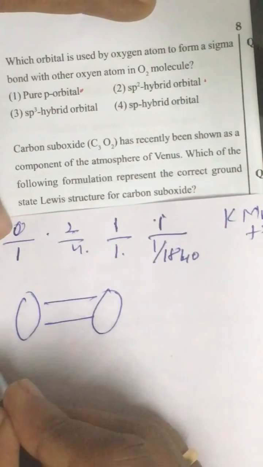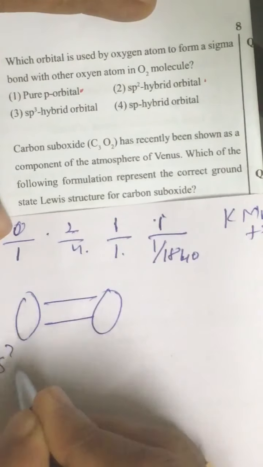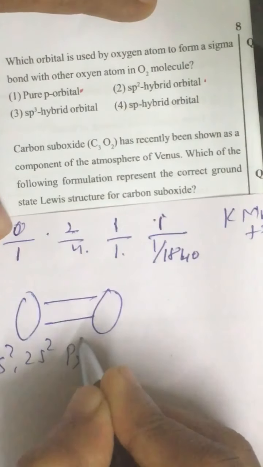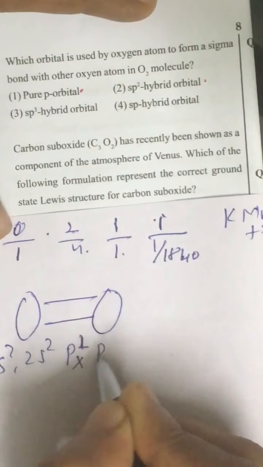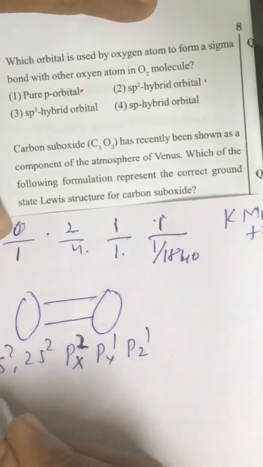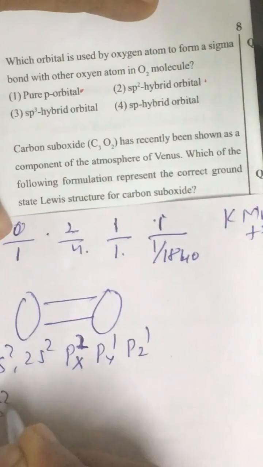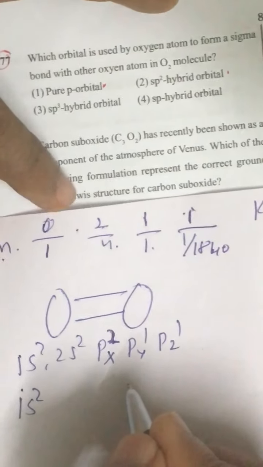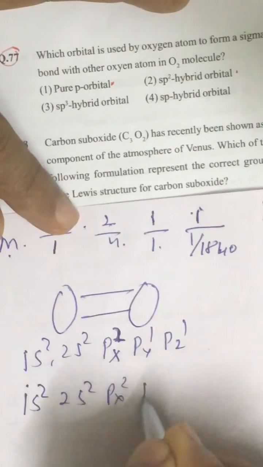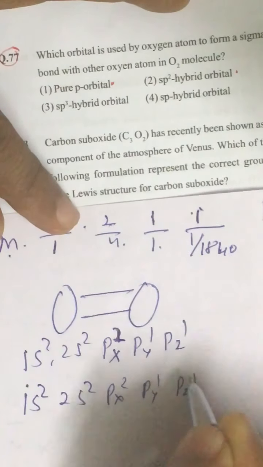Alright, the configuration of oxygen is 1s2, 2s2, 2p4, which can be written as px2, py1 and pz1. And the other oxygen has the same configuration, 1s2, 2s2, px2, py1 and pz1.